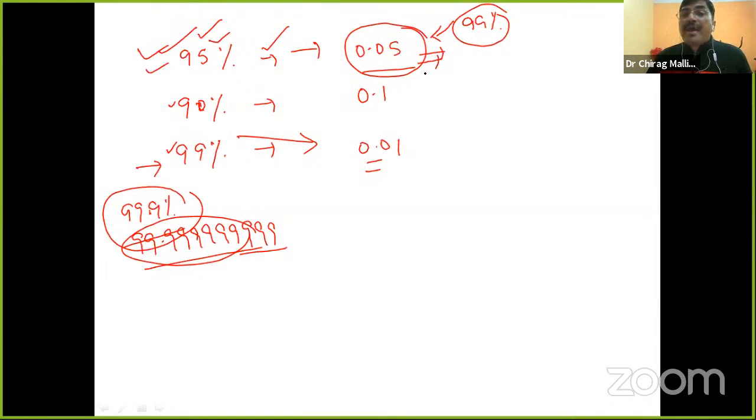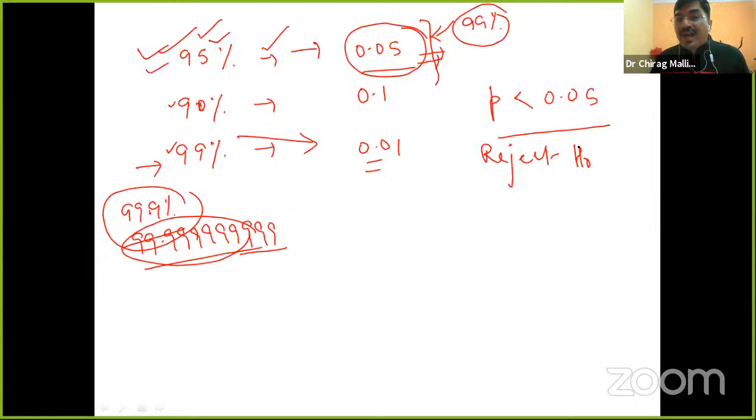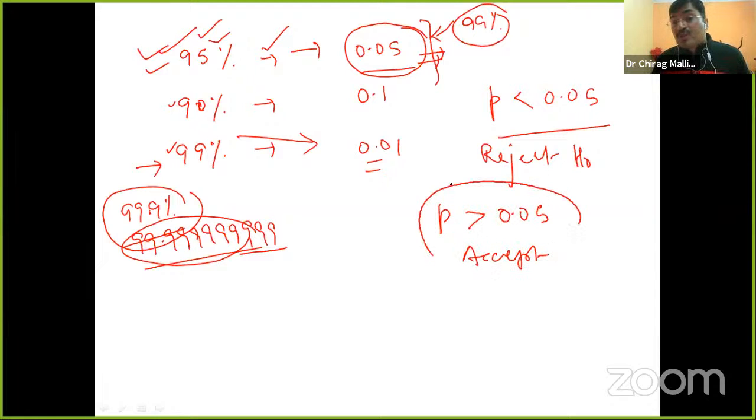So we compare with 0.05. If P is less than 0.05, we reject the null hypothesis, and if P is more than 0.05, we accept the null hypothesis. What is important is: have you formulated the null hypothesis?